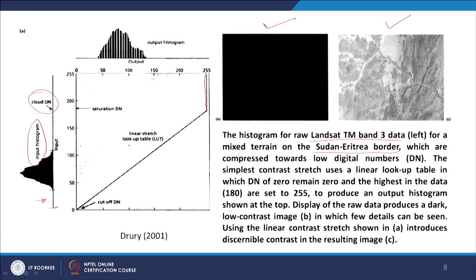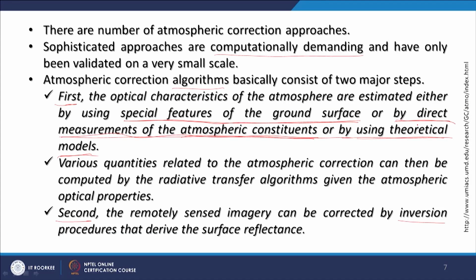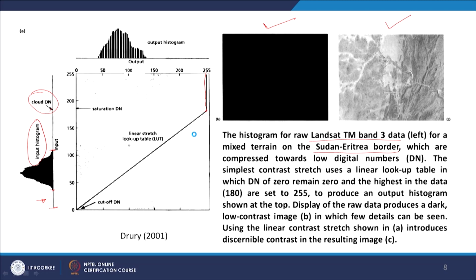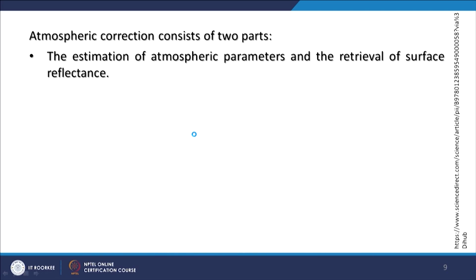If there is no information or input from the atmosphere, whatever the atmospheric conditions, we have not bothered and just got rid of these effects. So, this cannot be a standard for atmospheric correction, but when we do not have much input data available, neither a specific feature of the ground surface, nor atmospheric constituents or theoretical models, then this is the quickest way of doing atmospheric correction.